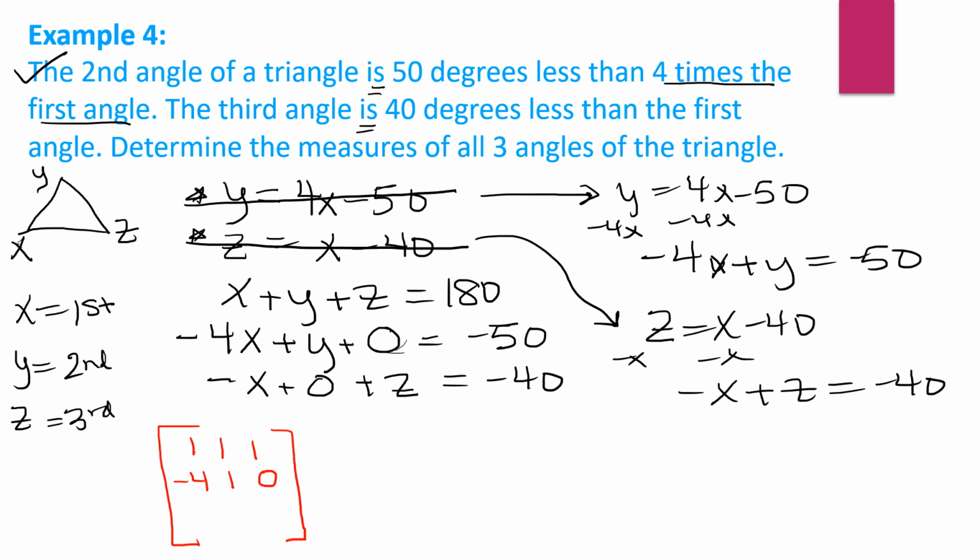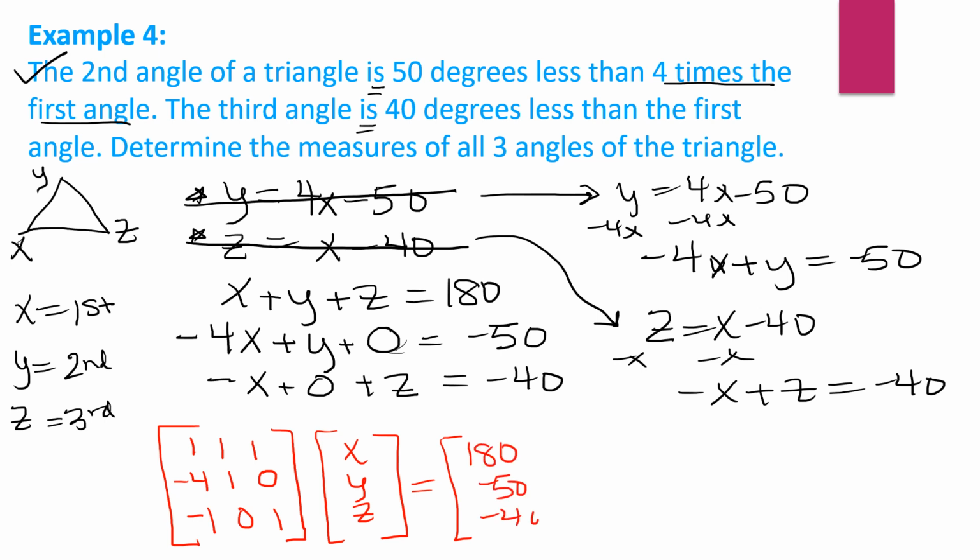And then our third one is negative 1, 0, positive 1: negative 1x, no y's, and a plus z. That's our coefficient matrix. It gets multiplied by x, y, z, and it equals the constants 180, negative 50, and negative 40.